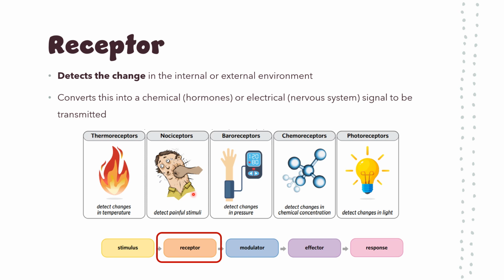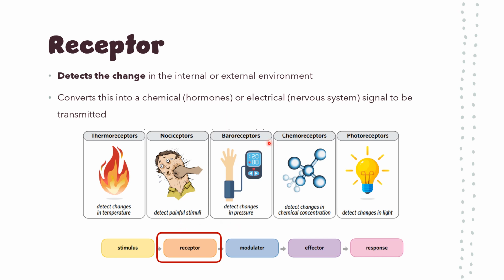But before we get there, I just wanted you to be aware of some different types of receptors. You don't need to remember each different type, but just understand that we do have different types of receptors. We have thermoreceptors, and they detect changes in temperature, because thermo means heat. We have nociceptors, which detect painful stimuli.